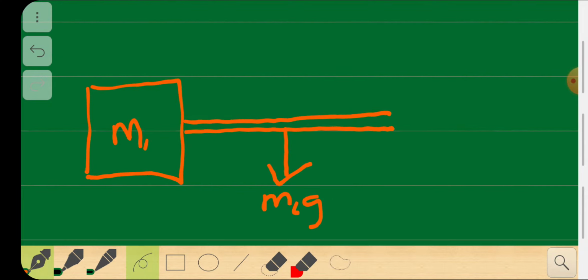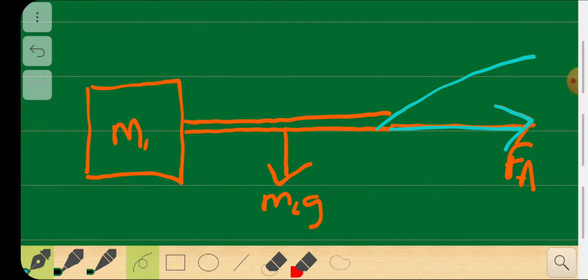So this will make an angle with the direction of the action force, the direction in which I am pulling. You can clearly see that there will be an angle subtended by this rope. That angle will be theta, because the string or rope is being pulled down by gravity. That's a physical case.